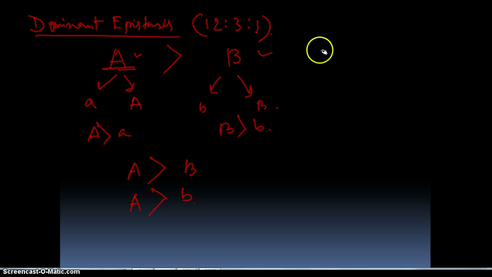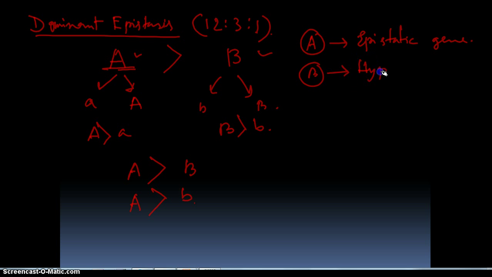The gene that is dominating the whole situation, which is A here, is called the epistatic gene, and the B, which is getting suppressed or masked, is called the hypostatic gene.